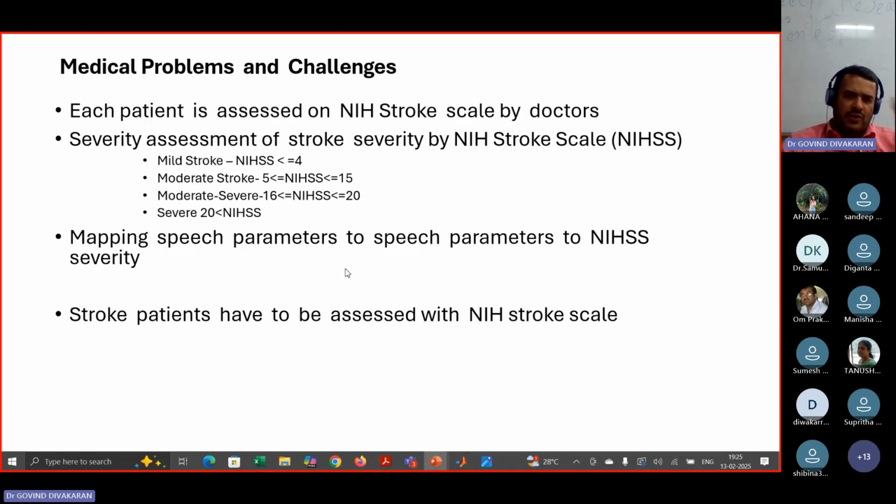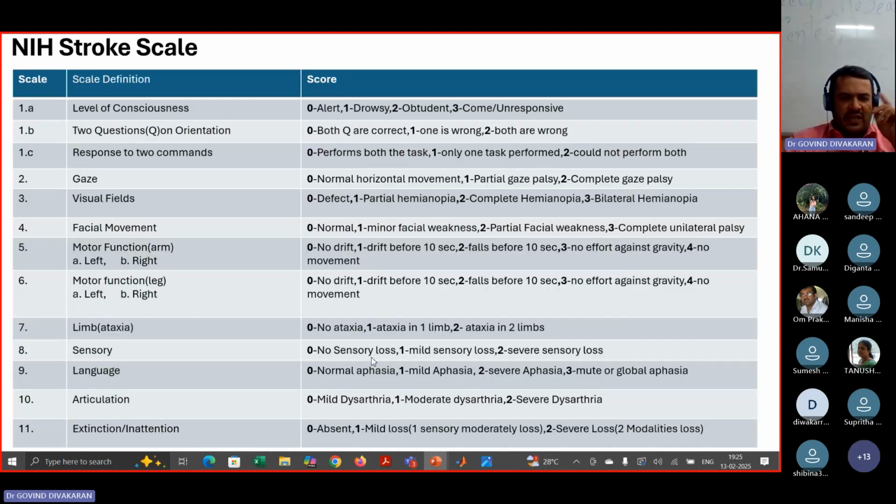Okay, so in our data set so far, whatever we have collected, we haven't got any data corresponding to the severe category because they are unable to speak anything. Okay, so you can see the speech part. The 10th component of the NIHSS score is the speech.